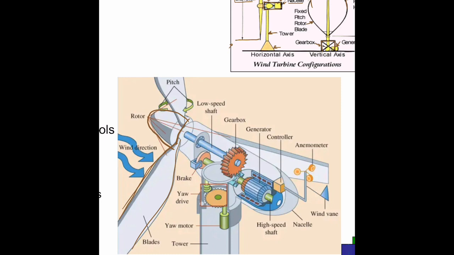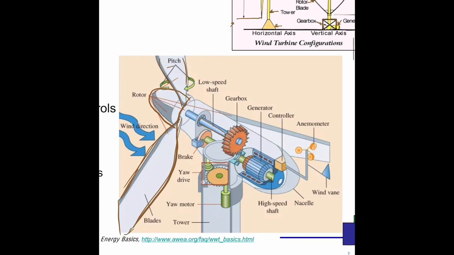It has some kind of shape here, and this allows a pressure difference in order for the blade to rotate. We have here a blade pitch, we have the low speed shaft, and here is the high speed shaft.